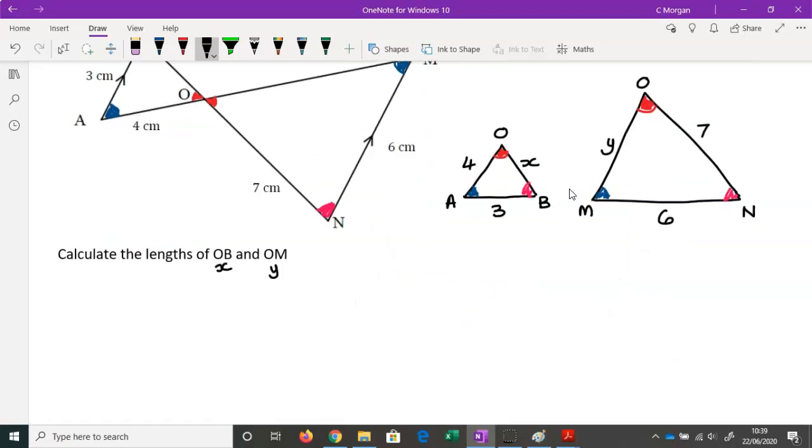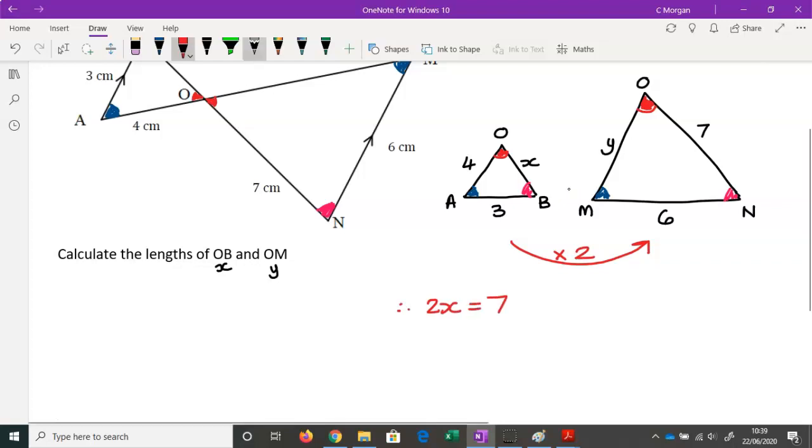I can now see that I've got my sides in exactly the right places they should, because 3 corresponds to 6, and I can see that I've got a scale factor of 2. Therefore, that means that 2 lots of X is going to be 7, because of course the length where X is corresponds to the length where 7 is.